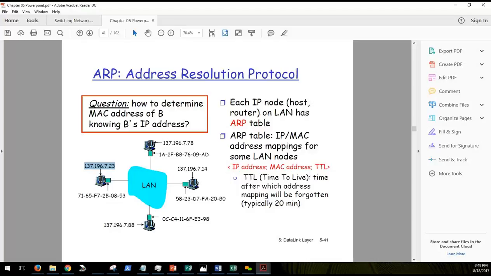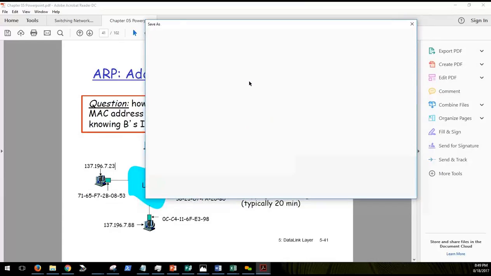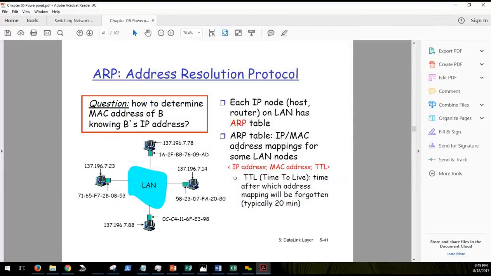I wrote this down for you last week. Do you have this? I don't see that in the SAM drive. Let's see, file, save as. See, this is going into the SAM drive. This is chapter 5. The one from last week I don't see.